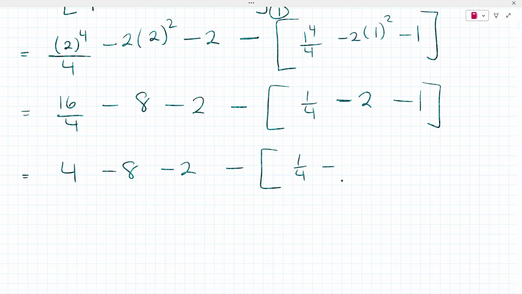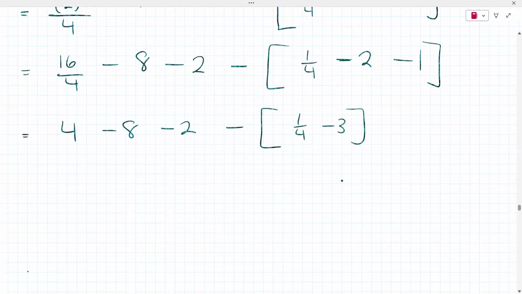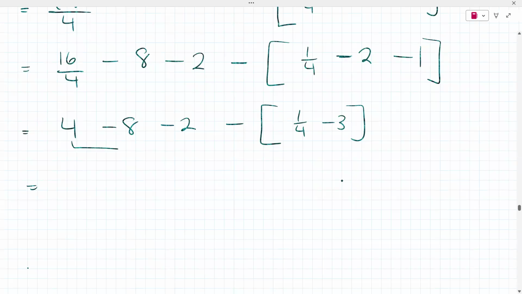Negative 2 minus 1 is negative 3. So this is going to be 4 minus 8 minus 2 is negative 6, minus bracket 1 over 4 minus 3.